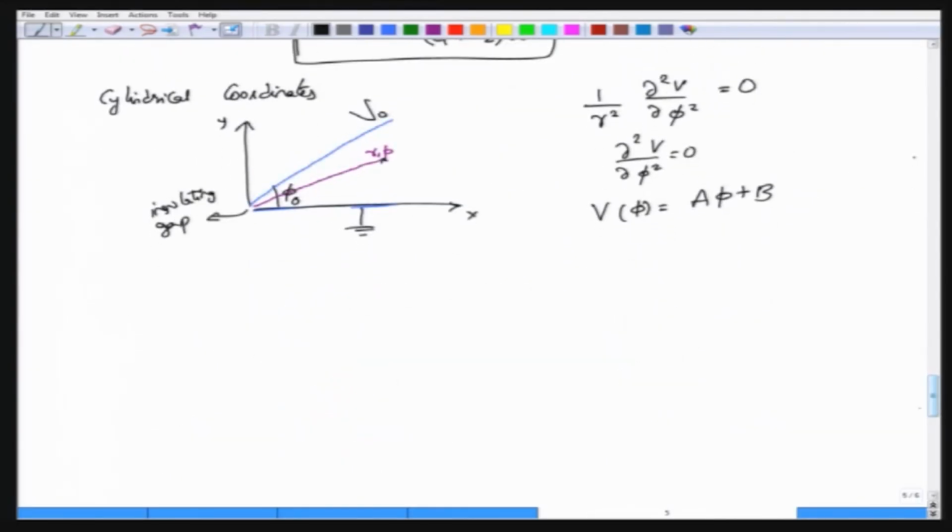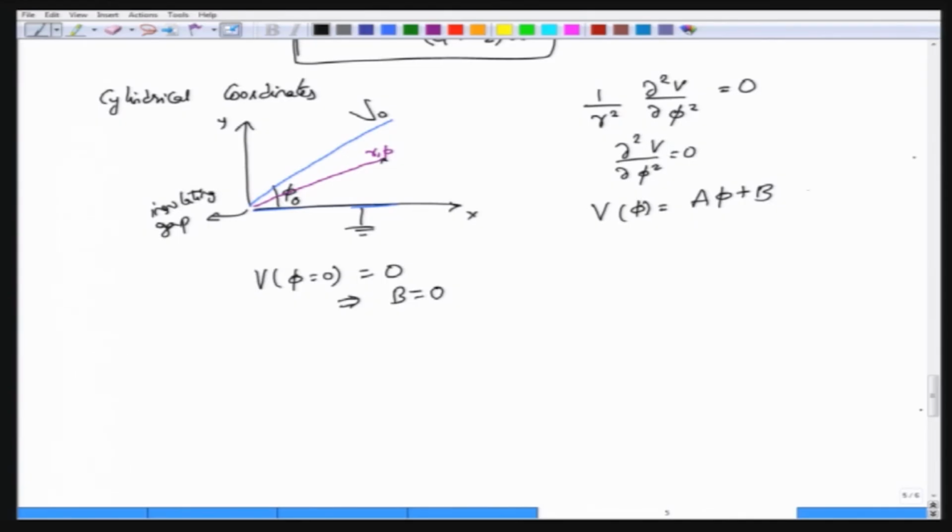I have 2 boundary conditions to apply, and I can use them to find the constants A and B. If I apply the boundary condition at phi equal to 0, which is the horizontal plate, the potential is 0, which implies that B must be equal to 0, because if I put phi equal to 0, A phi will be 0 and the left hand side is also 0.